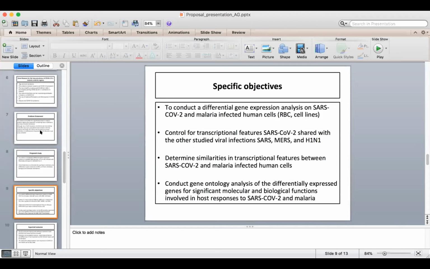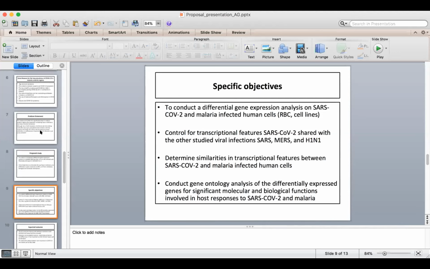And then we're going to control for transcriptional features shared by SARS-CoV-2 and other viral infections such as SARS, MERS, and H1N1, just to make sure that we are dealing with COVID-19 in our analysis that will determine the similarity between the transcriptional features of SARS-CoV-2 and malaria-infected cells.